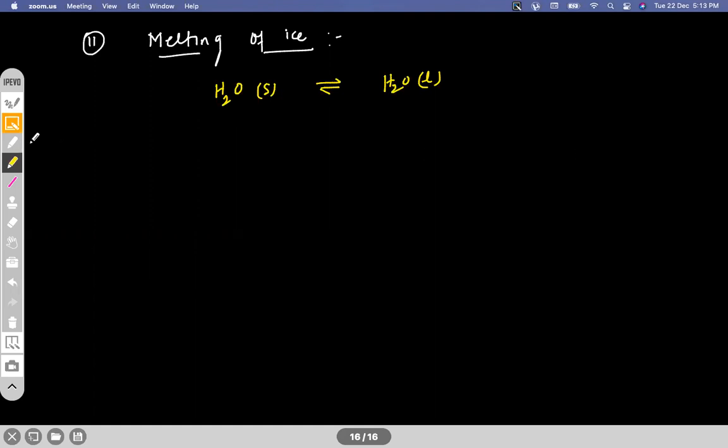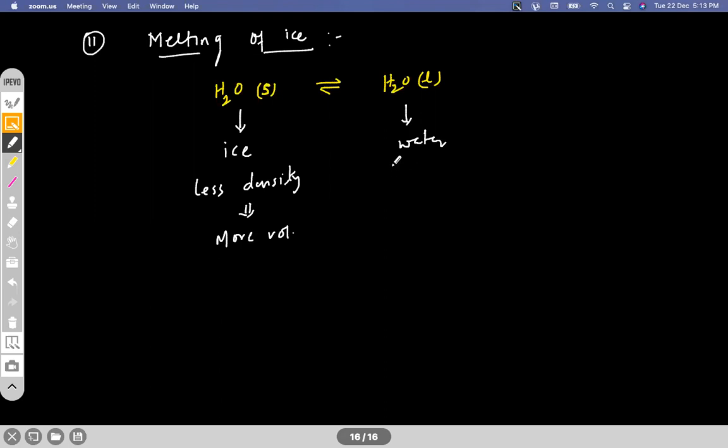Okay. Now H2O solid to H2O liquid. Sorry, it's not gas, it's solid. Okay, ice. H2O solid is ice, and this is water we have, correct? We know ice has less density, and less density means more volume.